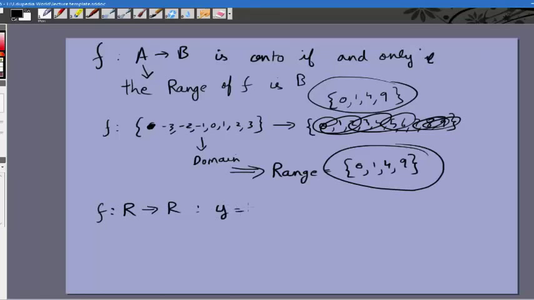The range is real positive numbers, right? So this is not an onto function. So B is not necessarily the range. If B is the range, that means if this was R plus the positive real numbers, then it would be an onto function, right?